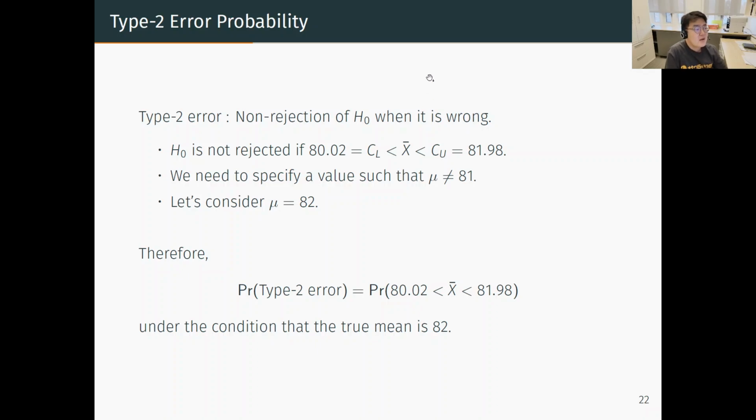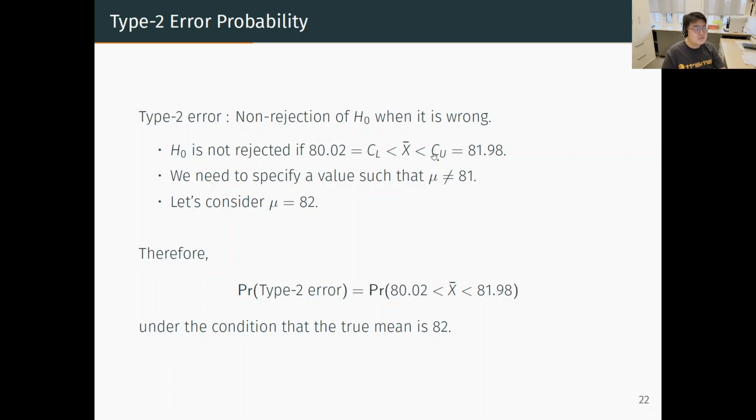Okay. Then in our setup, the null hypothesis is not rejected when the sample average is in between two critical values. Okay. So that is simple. That is clear. We are thinking about non-rejections. That happens when these inequalities hold.